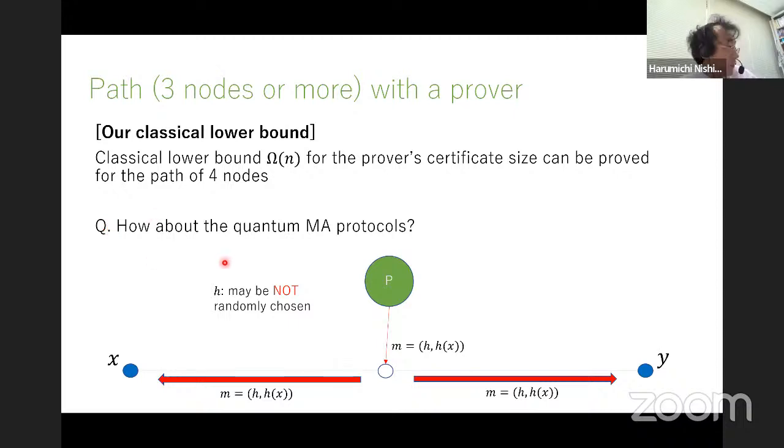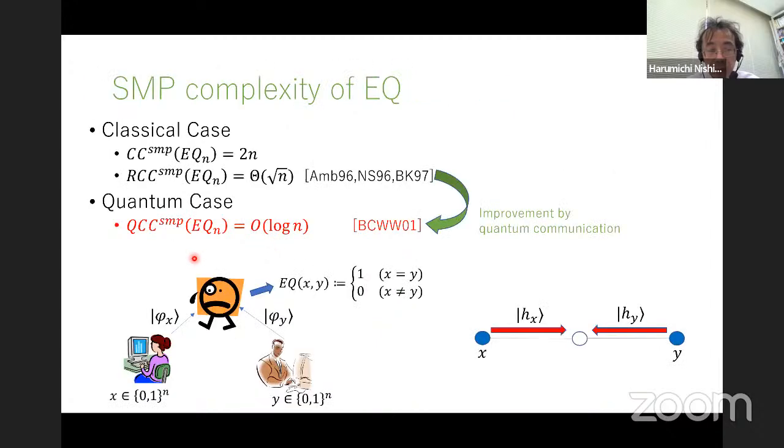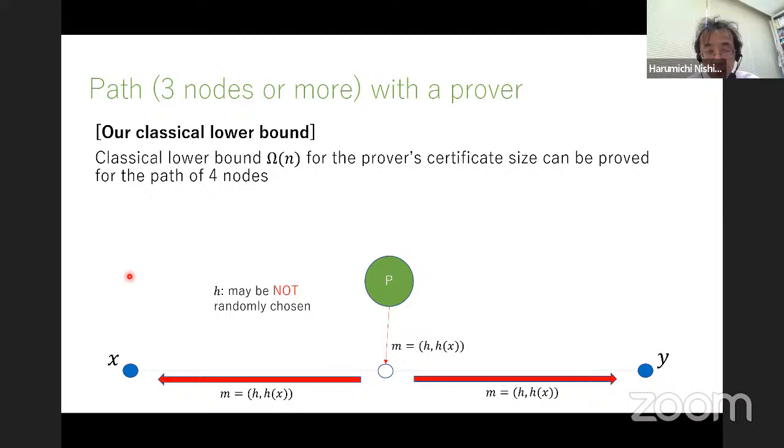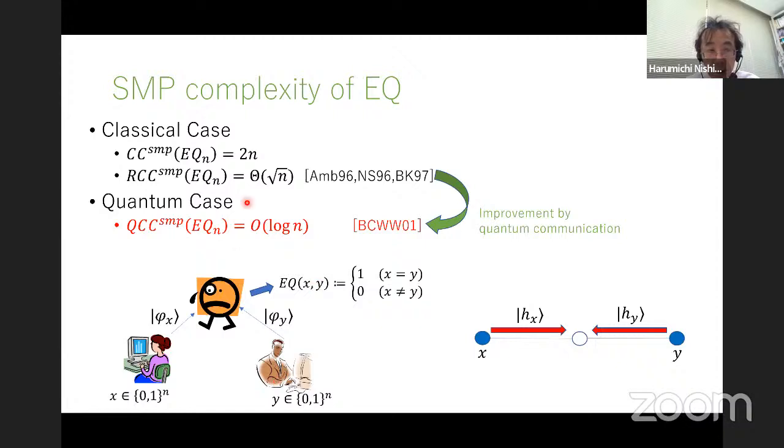Now we move to the quantum MA protocol. In this case, there is a similarity between the three-node case and SMP complexity.